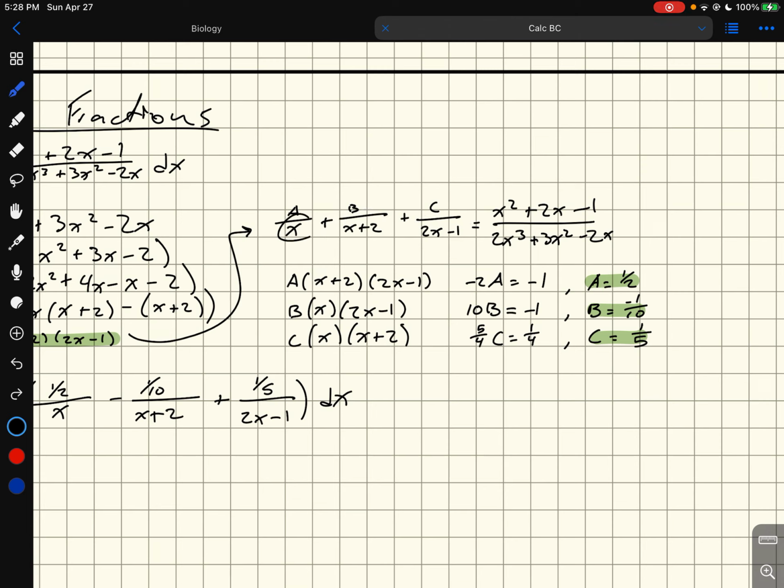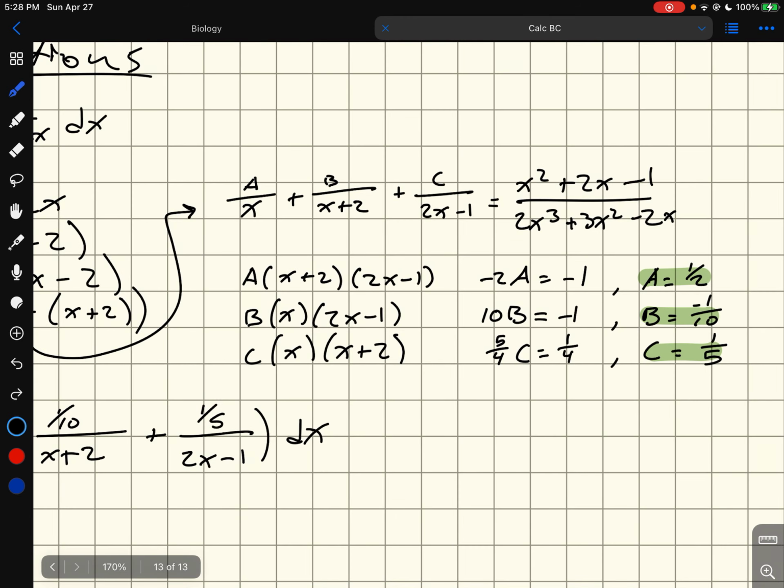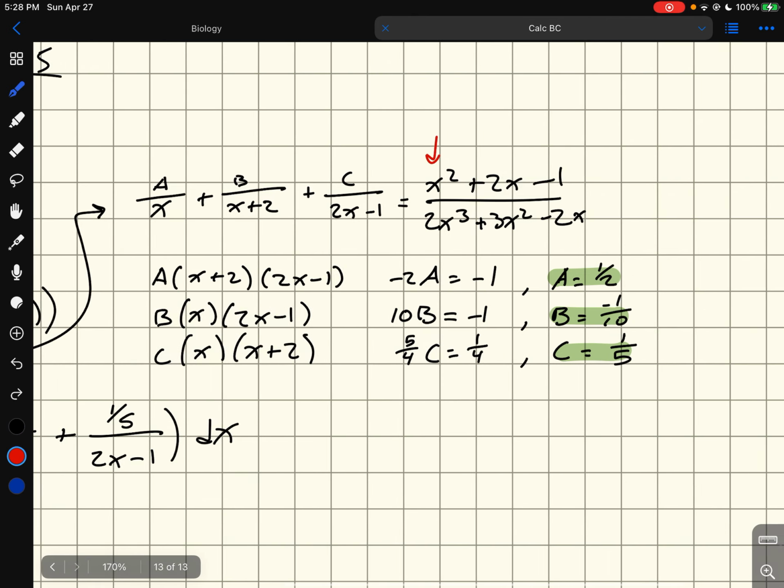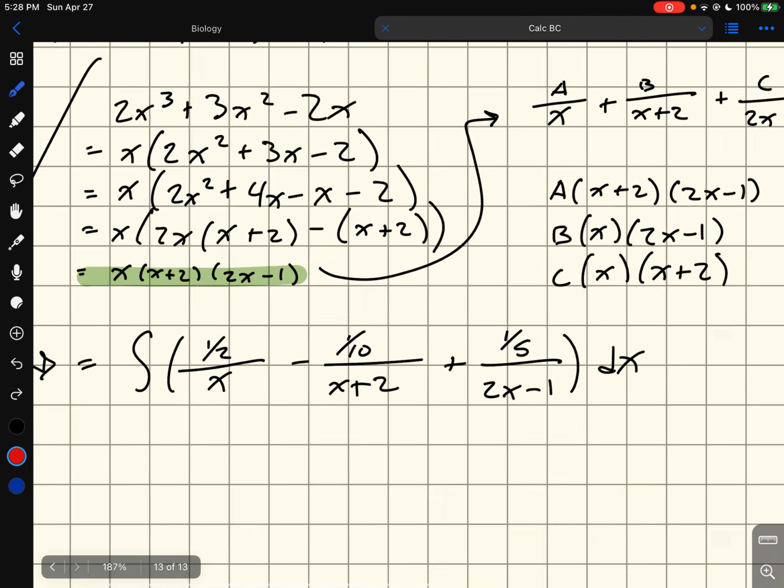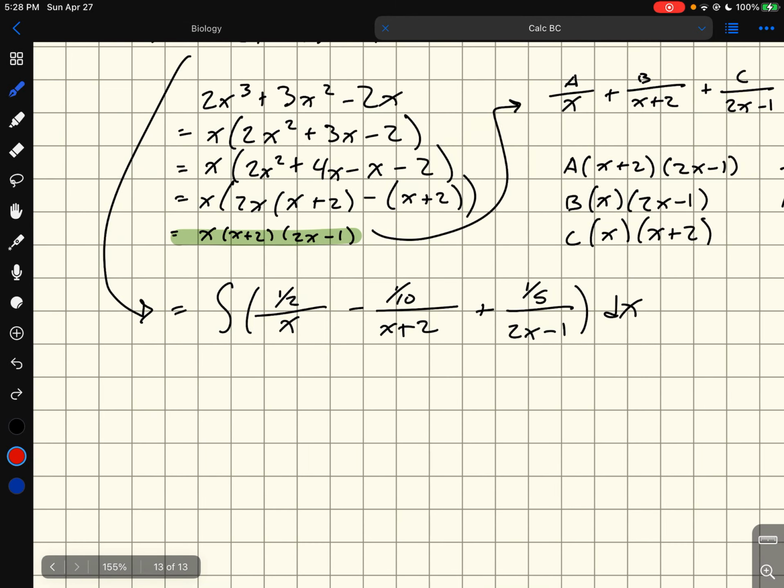So B doesn't have this, so you multiply it to those. C doesn't have these, so you multiply C to those. And then you plug in a number that will get rid of two of them at a time, so you can just focus on one variable. And then you also plug it into the numerator, so you can figure out what that variable equals. Then once you figure out your variables, you just put them back into the fractions. And those fractions are what goes on the inside of your integral.